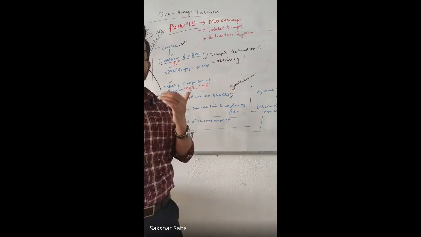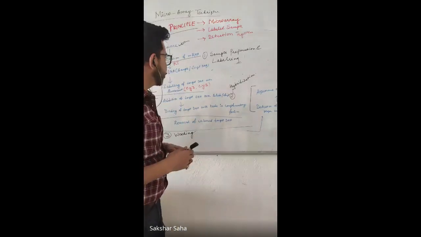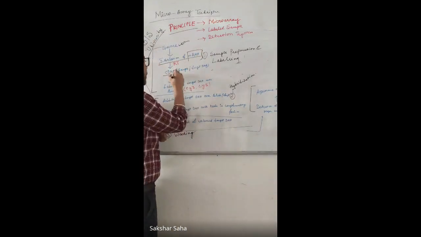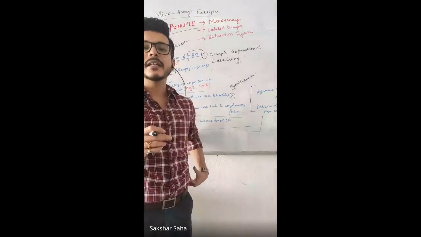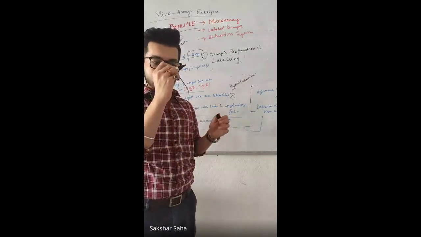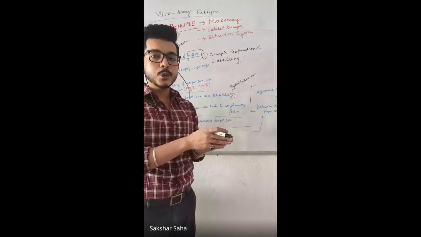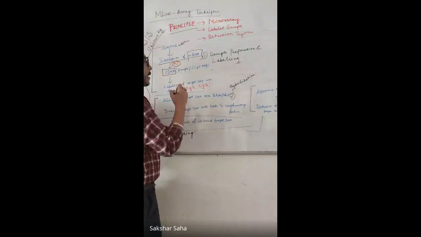That's why we are isolating the mRNA. After isolating, we are making the mRNA into cDNA. cDNA full form is complementary DNA. So we are converting the mRNA to cDNA with the help of the enzyme RT.